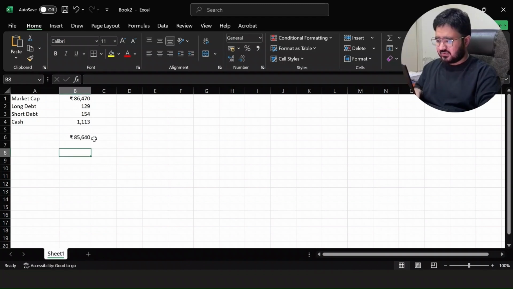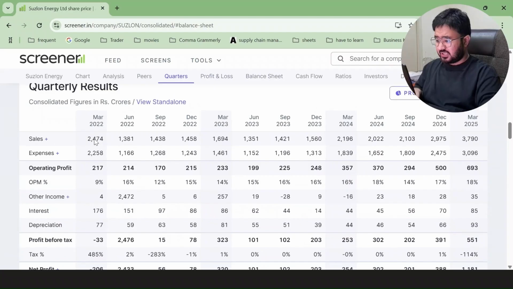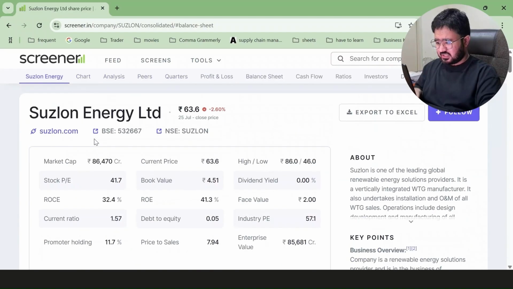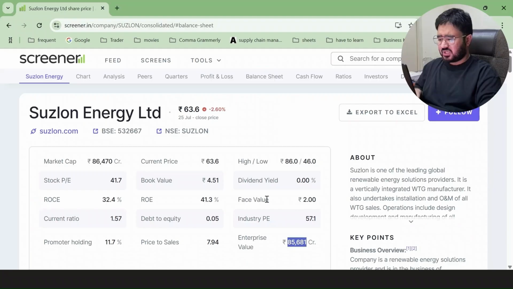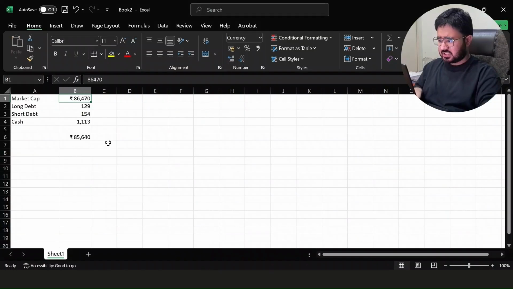And let's see what is the value that was given. 85,681. It's approximately near about the same. It fluctuates because of the share price, and it's very, very minimum. Okay, let's see how much it has fluctuated.